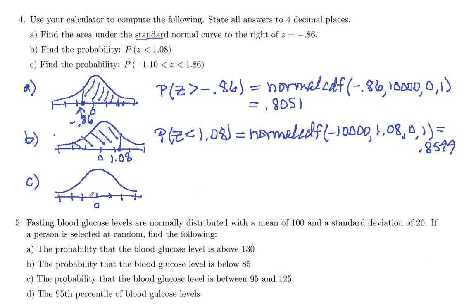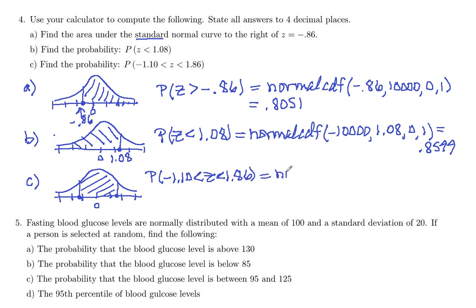So negative 1.10 would be about right here. 1.86, 1, 2, so about right here. So we want that area right there. Oops, negative 1.10 less than z less than 1.86.